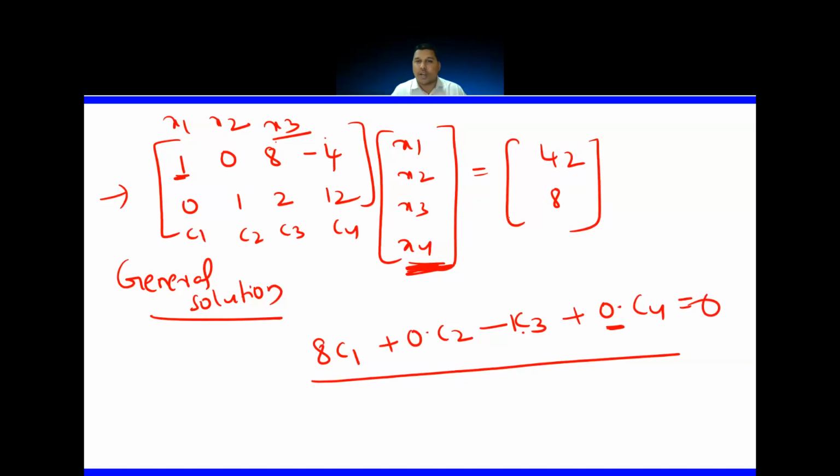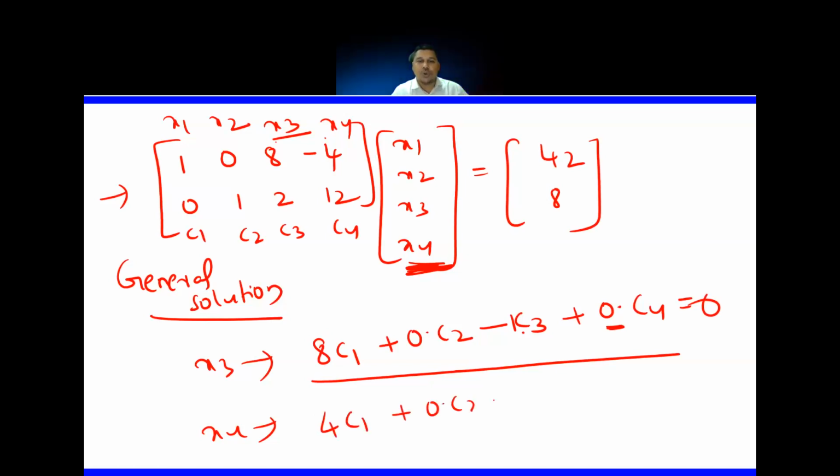So 8 C1, let me write for the second one also. Let us write for the fourth column also. This is for x3. For x4, how can I write the general solution? I want to make the x4 values 0. How can I make it? Since it is minus 4 already, I'll write 4 C1.